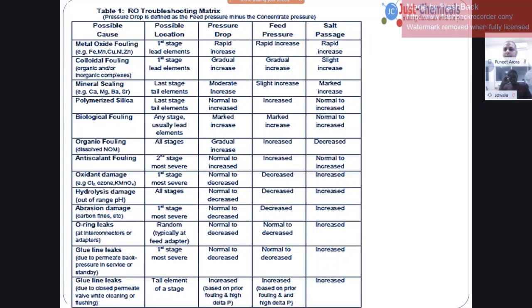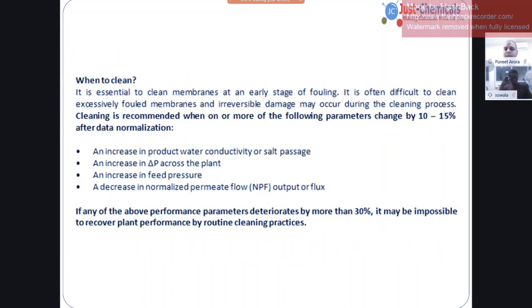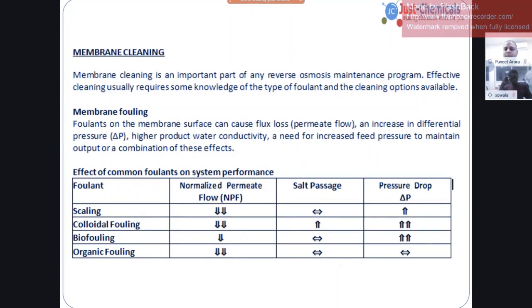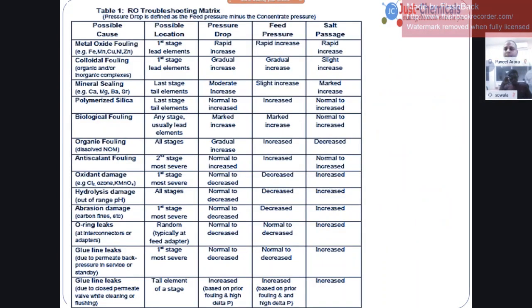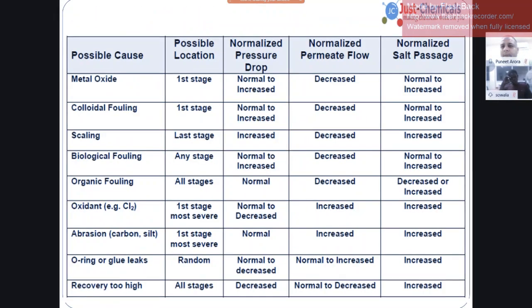Now, this is for the supervisors and managers, to tell the operators. If operators have seen this, then managers have to see this, and if they cannot see so many, then they can go with a smaller normalized pressure drop, normalized permeate flow, normalized salt passage.